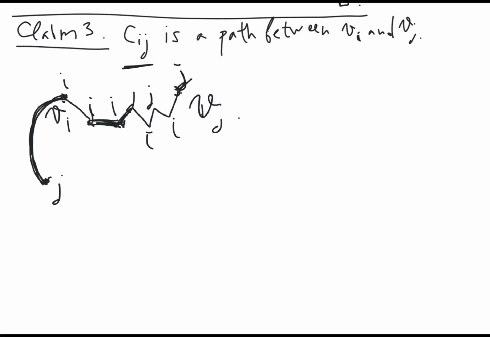Notice that Vi and Vj are the vertices that are connected to V. So there is this vertex V that is external to the graph G minus V, right?